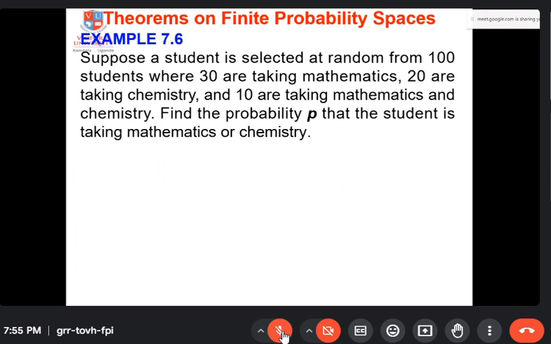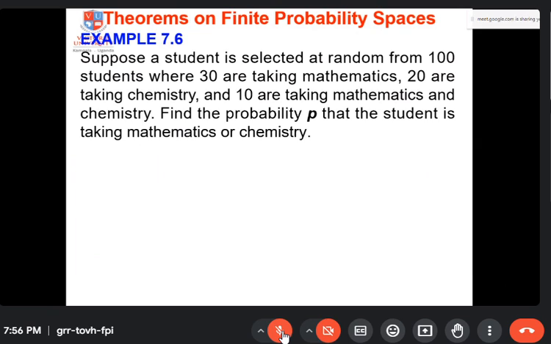And what is the probability of math intersection chemistry? Because they are saying 10, that is 0.1. Very good.